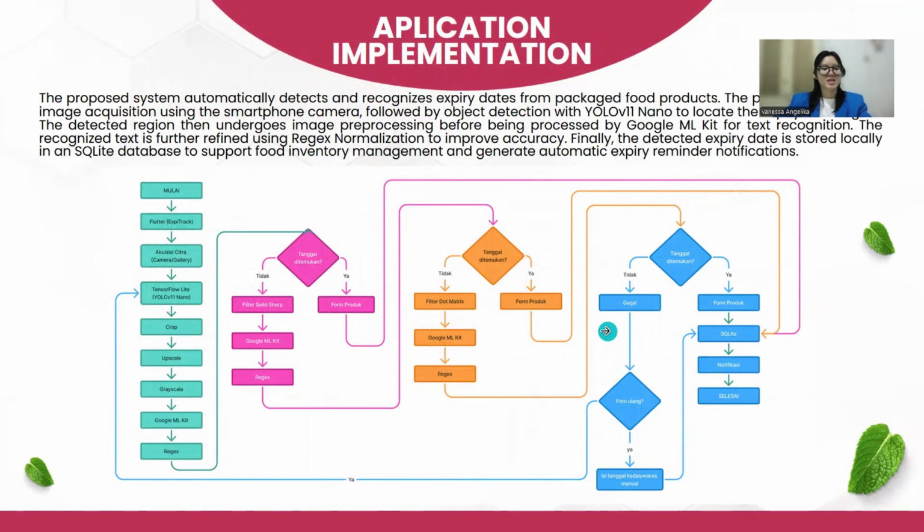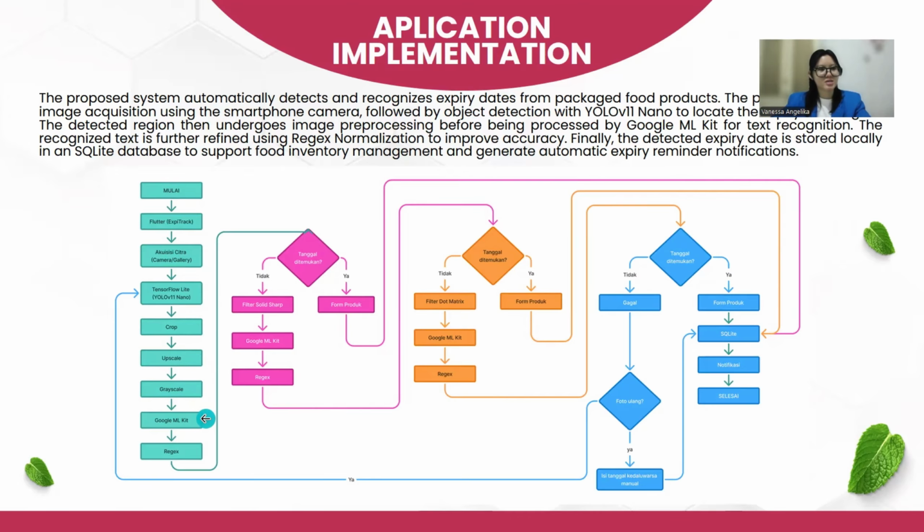Okay, next, this slide illustrates the overall workflow of the proposed system. The process begins with image acquisition using the smartphone camera, and then the captured image is processed by YOLO version 11 nano to detect the expiry date region. After being detected by YOLO, it will be cropped, upscaled, rescaled, and then go to the Google ML Kit.